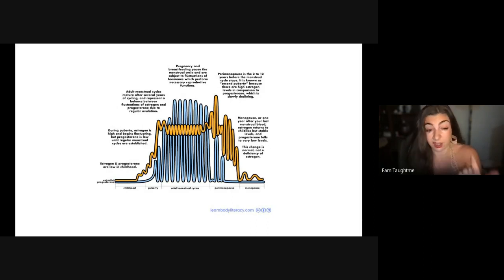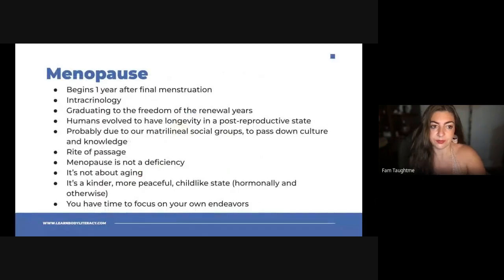And you can see that on the other end, puberty is like the flipped opposite. So it's like the activation of the ovarian cycle. And then on the other end, you have the petering out of the ovarian cycle, ending in menopause. So menopause begins one year after the final menstruation. And it's actually this change where your body starts making estrogen out of your cells instead of from the ovaries.